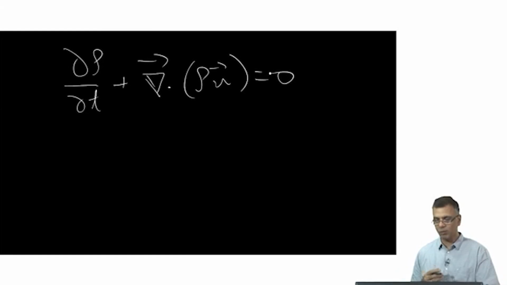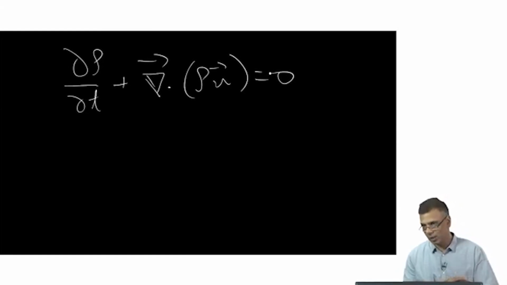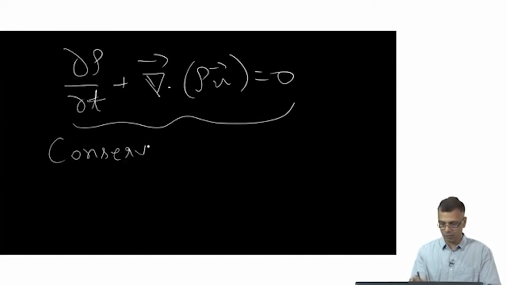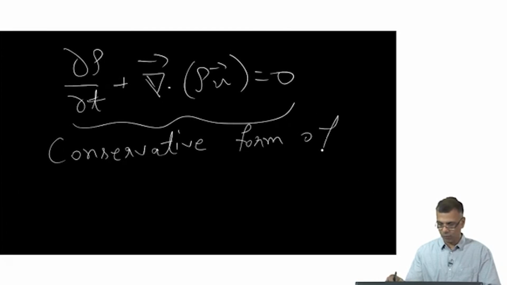The advantage will manifest itself when we start talking about the momentum conservation equation, but this is what's called the conservative form of writing. This is the conservative form. There is something that's conserved. Of the mass continuity equation.